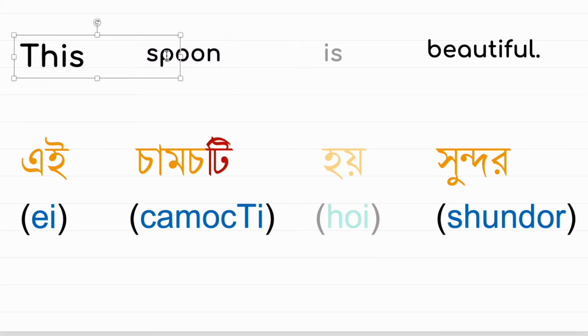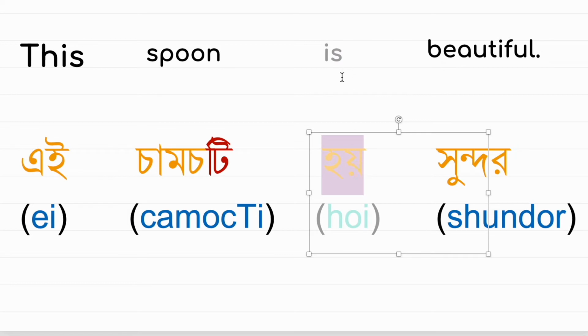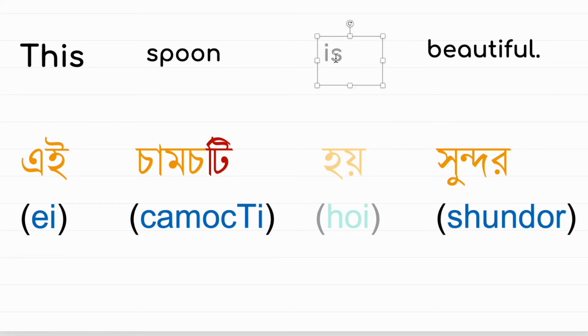This is modifying the word spoon. That's why we will say ei chamochti sundor. You already know that is is omitted in Bangla. That's why we are not going to say hoy. The literal translation of is will be hoy. So most of the time we do not use the word is in a sentence. So it will be ei chamochti sundor.